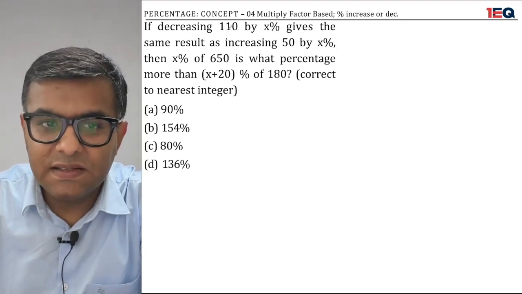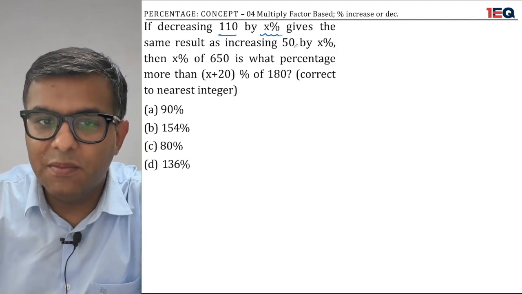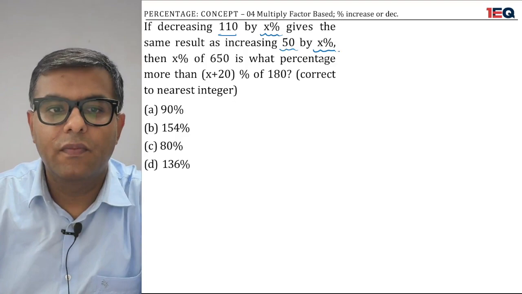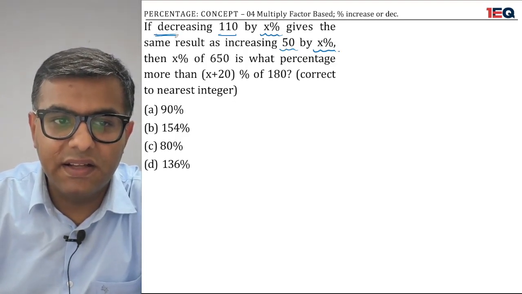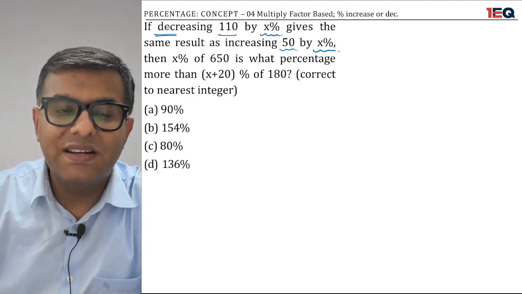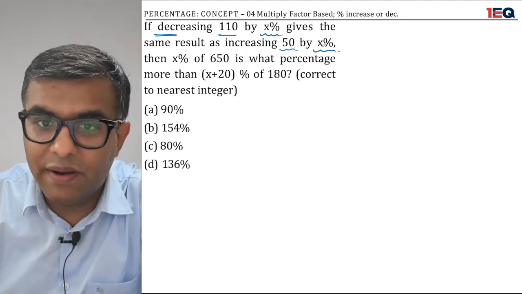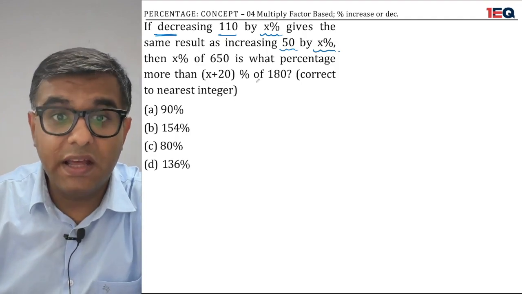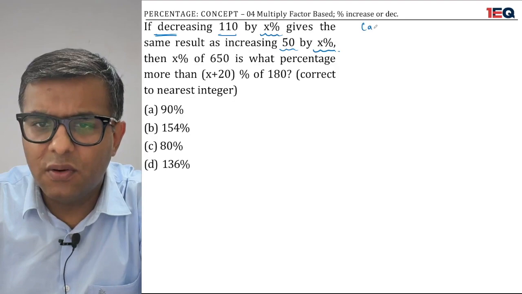It says decreasing 110 by x percent gives the same result as increasing 50 by x percent. Then x percent of 650 is what percentage more than x plus 20 of 180%. This is a bit of a calculative question. I am already giving you a warning.